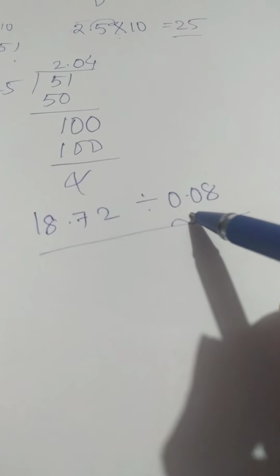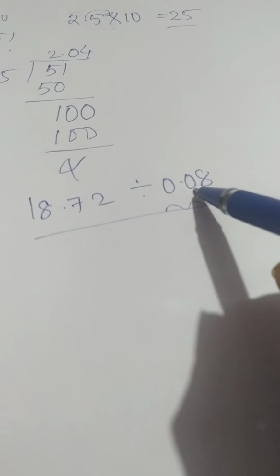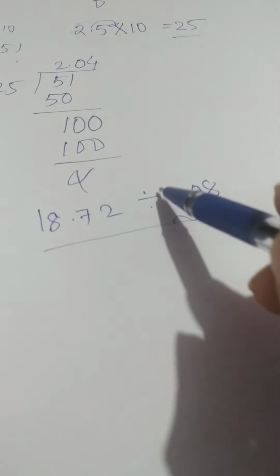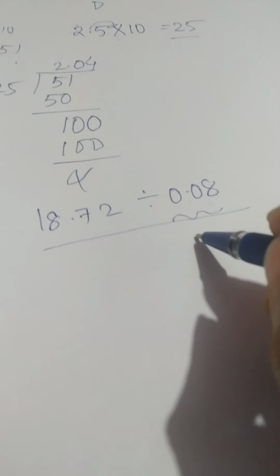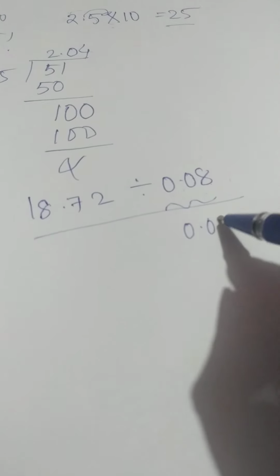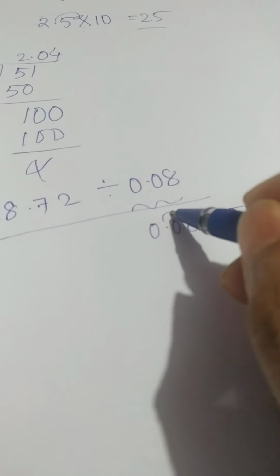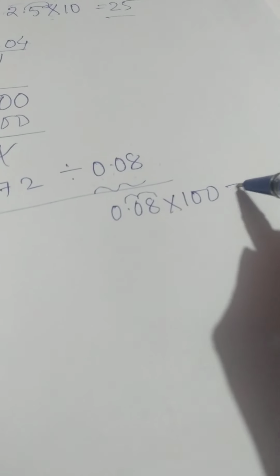I need to find out, for the divisor, after the decimal how many digits are there. 2 digits. So I need to multiply this divisor by 100. If I multiply this divisor by 100, what does it become? You see, the point goes one step, two steps, so it becomes 8.